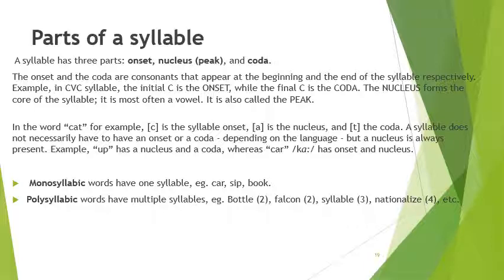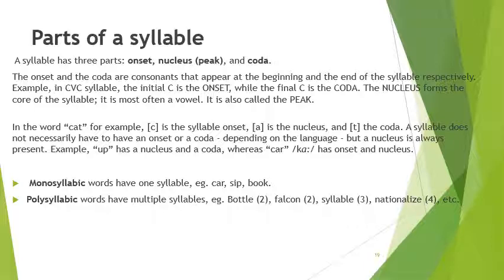Remember, we've taken in the previous slides that you can have consonants before the vowel sound and consonants after the vowel sound. So the consonant coming before the vowel sound is called onset, while the consonants coming after the vowel sound are called coda. Therefore, the initial C is the onset, while the final C is the coda.